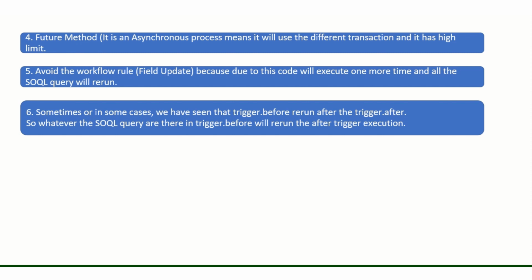In that case, what will happen? Everything which was already run will rerun, because your final trigger, the after trigger, is calling the before trigger. Then the before trigger will run again, then again the after trigger. So we have to avoid this one also. Okay, this is all to save the SOQL query.